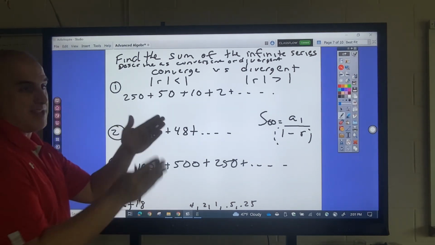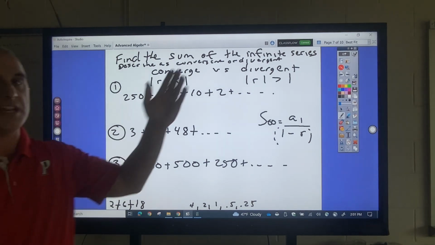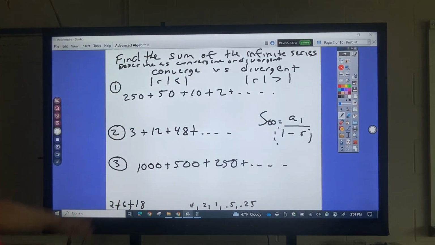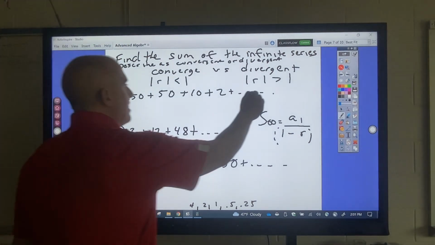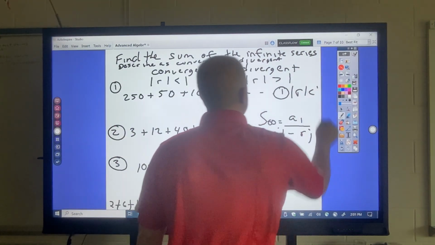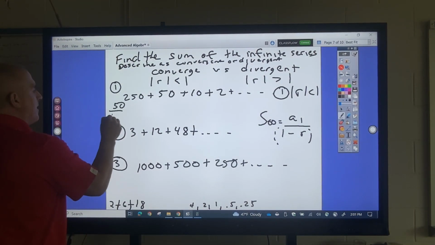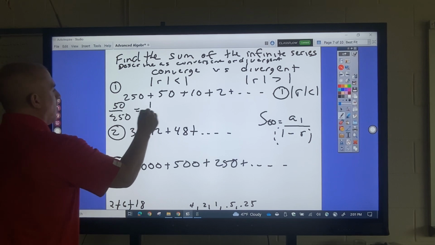Converge is like limit. It's approaching an actual number. Where if it's bigger than that, it just keeps getting bigger, and that's what divergent means. So the first step is to figure out whether your r is less than 1.